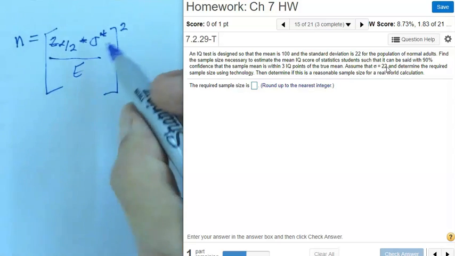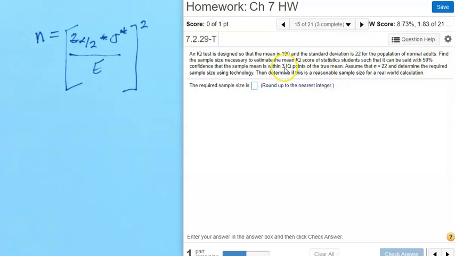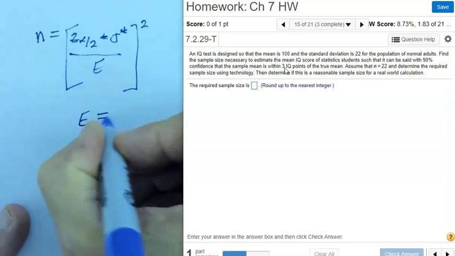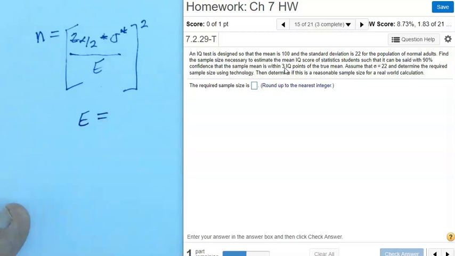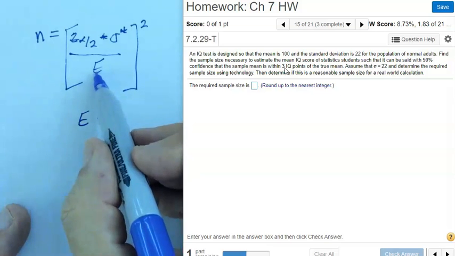So I would put the 22 in here, and they also give you a margin of error. For this margin of error, you do not want to change it to a decimal form. This is not giving you a percentage, it's just a value. So in this one, for mine, since it says within 3 IQ points, I'm going to use 3 for my E.